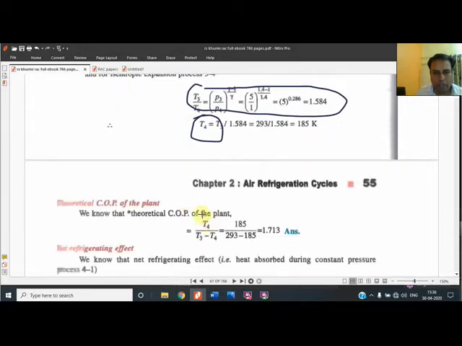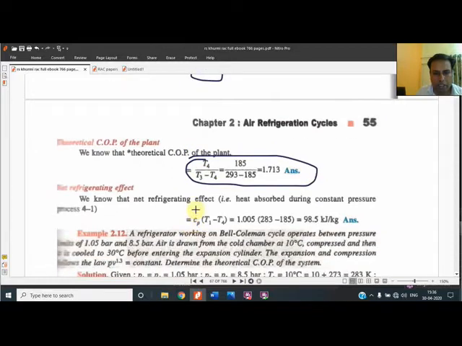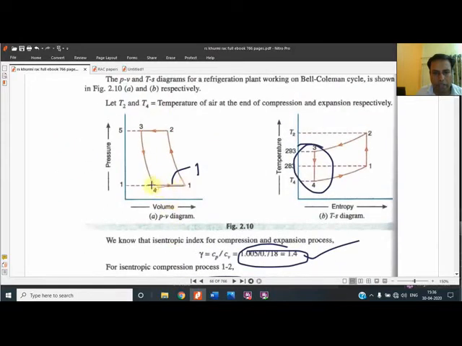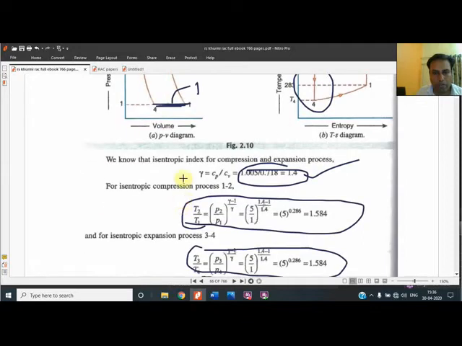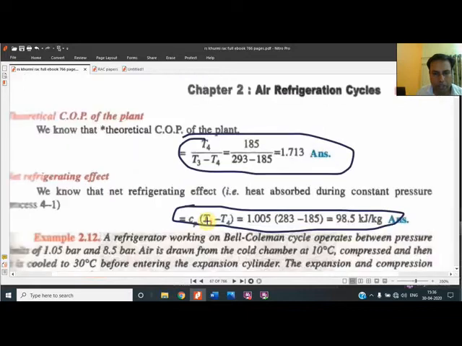By determining the temperatures, they put the values and get the COP. The cooling effect is also obtained, because out of the 4 steps, cooling is obtained in only one, 4-1. So Cp delta T is the formula, and they have used Cp delta T.